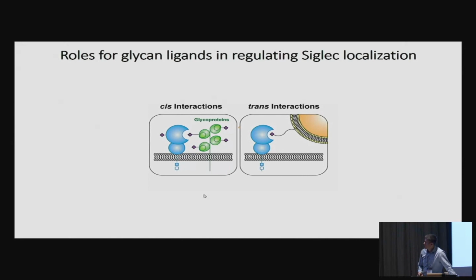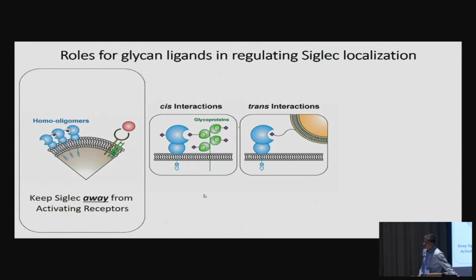So to lay the groundwork, there's two types of ligands that have been discussed since the 90s. And that is a cis interaction and a trans interaction, basically just meaning an interaction on the same surface or an interaction with a glycoprotein on another cell, another particle. That would be a trans interaction.